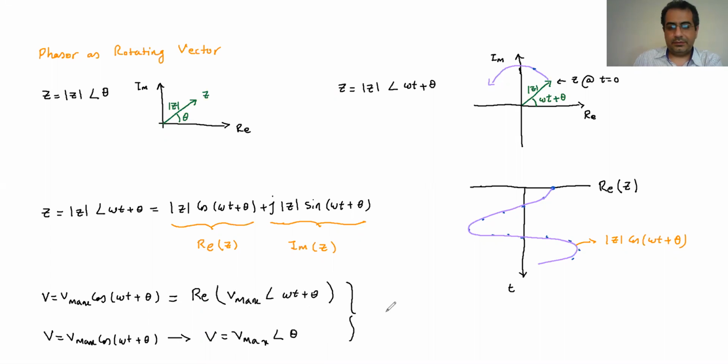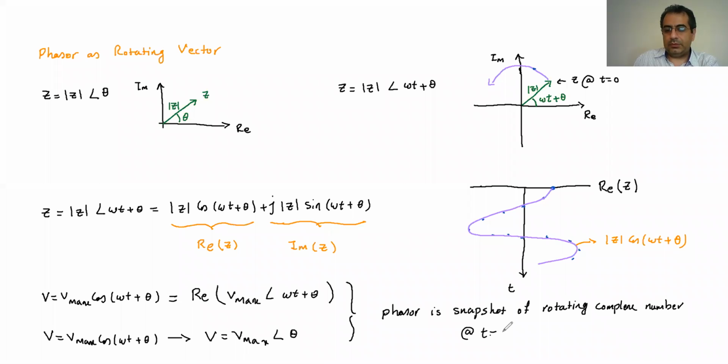The phasor is, I would say, a snapshot of this rotating complex number at t equal to 0.